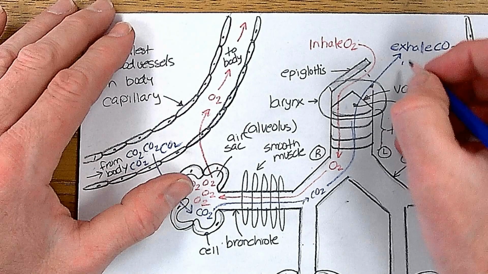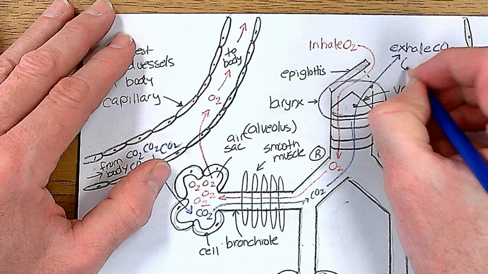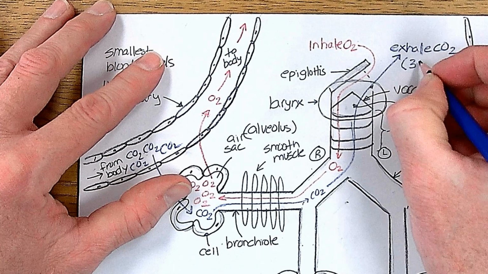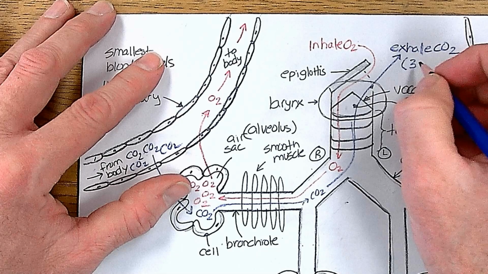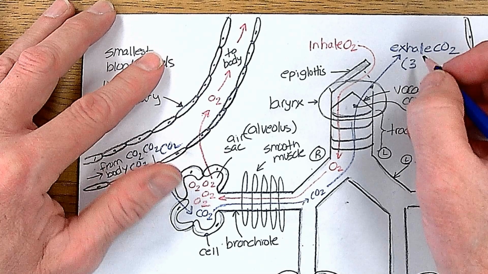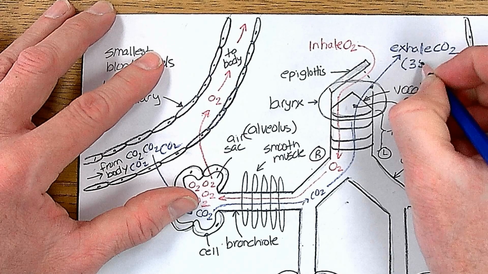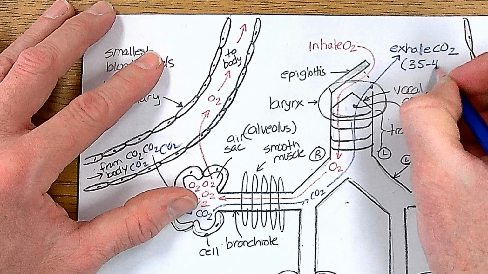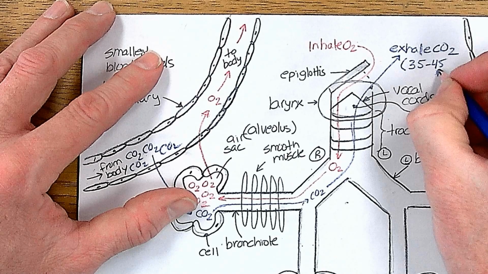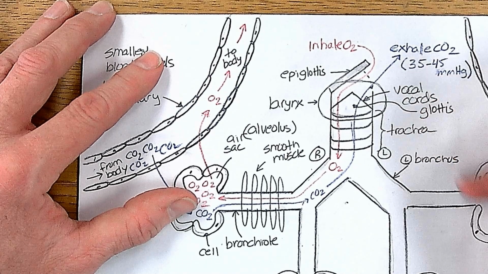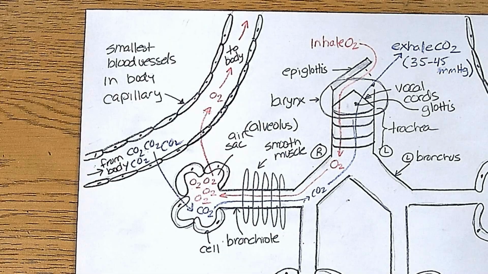Typically, we're going to measure it pressure-wise. And typically, normal healthy set of lungs, normal healthy heart, and normal healthy blood vessels, a normal healthy patient will be exhaling between 35 and 45 millimeters of mercury of CO2, and we'll get into that a little later.